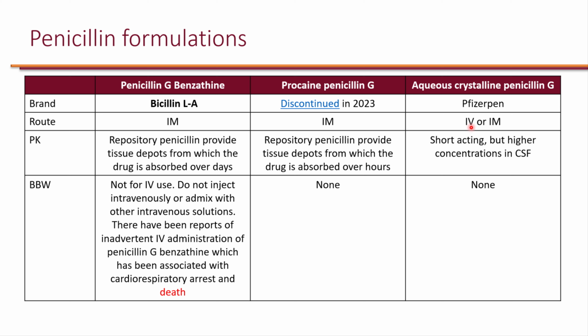So what you want is intravenous injection of penicillin so that you can get high concentrations into the CNS. And because this one, aqueous crystalline penicillin G, is short acting, you can give higher doses. That's something to consider when we look at treatment. Anytime you have IV, you have to make sure that you don't use the other formulations.